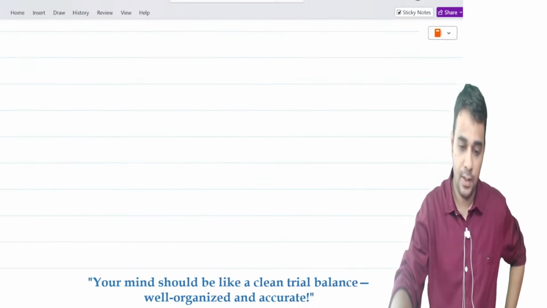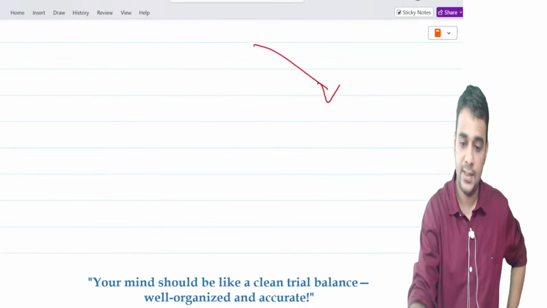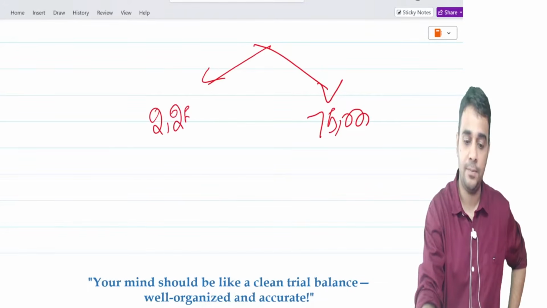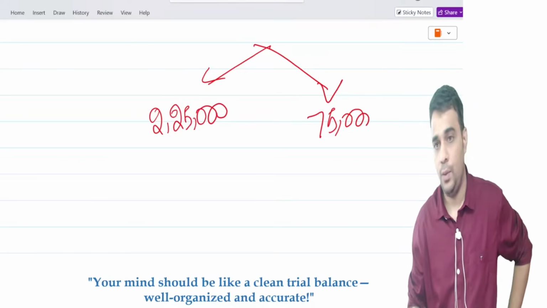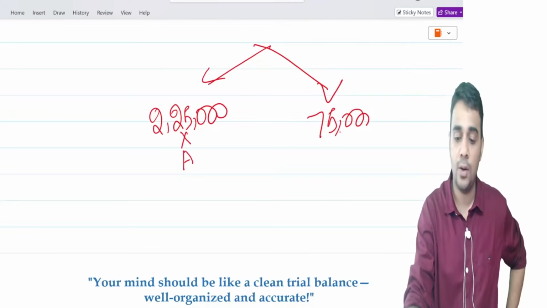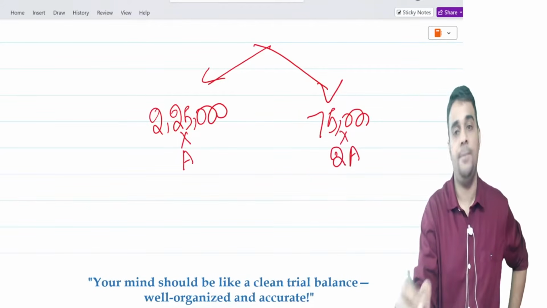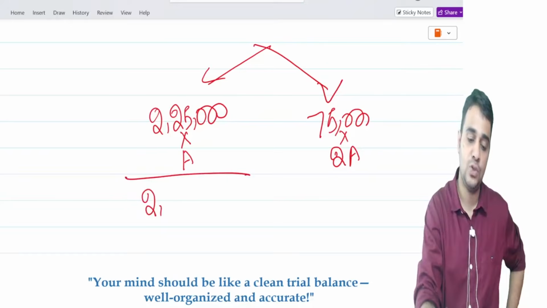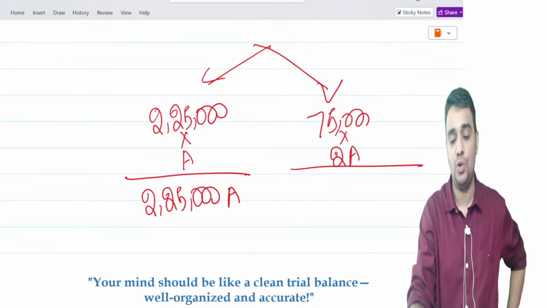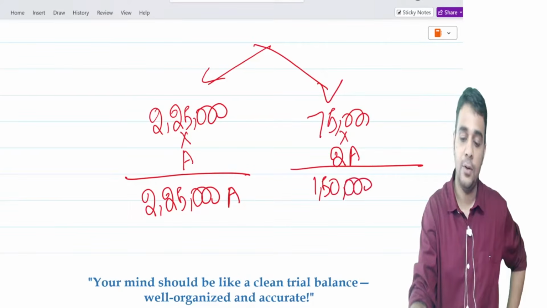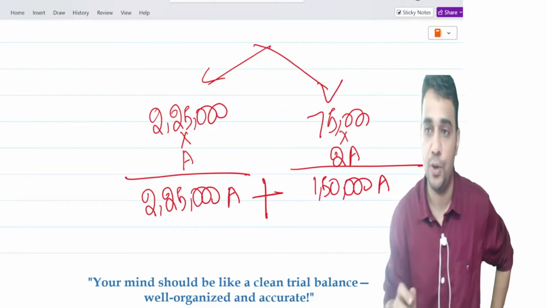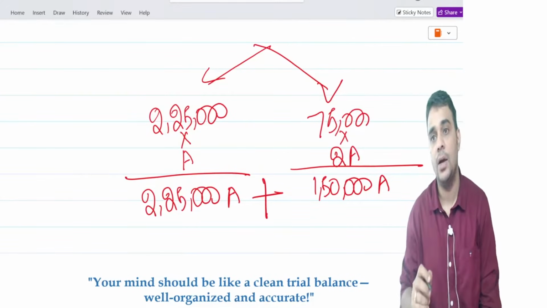See, the point is I have 75,000 units on this side. The other side unit is 3 times of that, 2,25,000. Here the cost is A. Here the cost is double of A. So 2,25,000 into A is 2,25,000 A. 75,000 into 2A is 1,50,000 A. Put together is 2 crore 6,25,000.